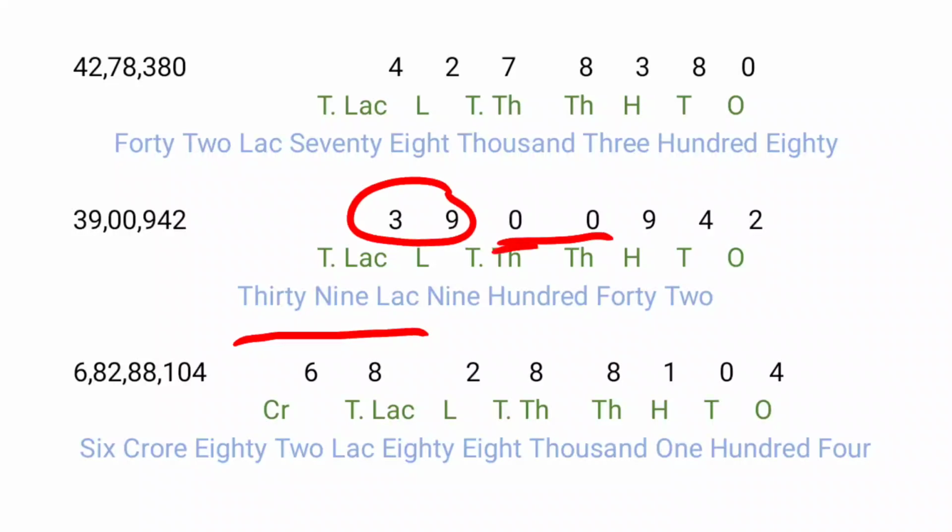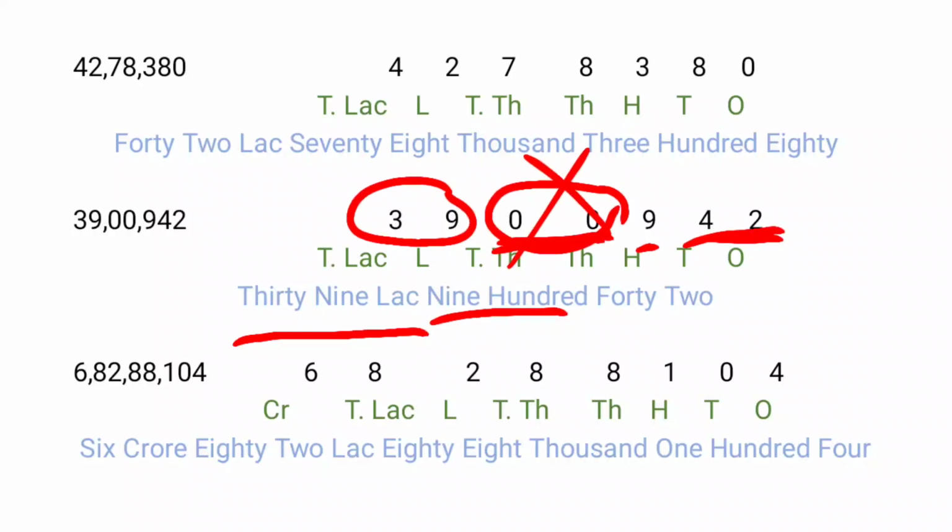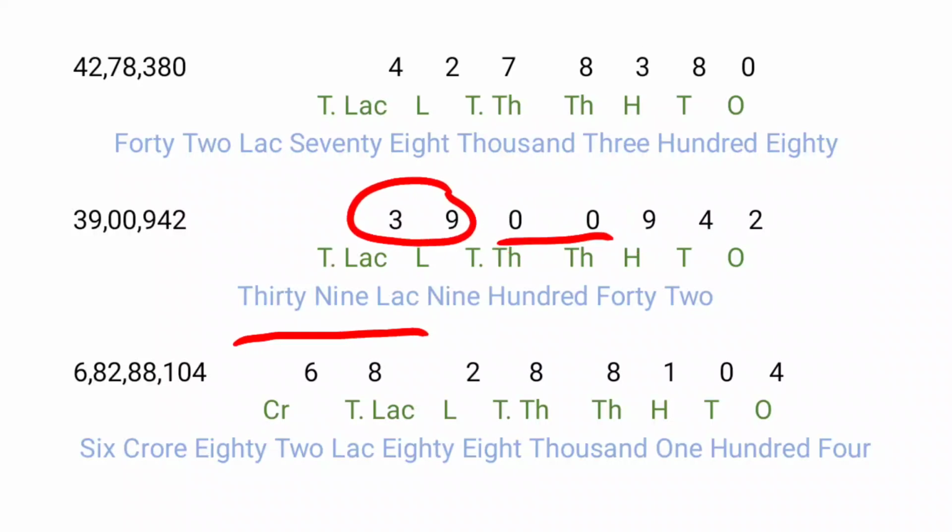Now see the digits on thousands place, both are 0, so the combined form of thousand will be neglected. Next, the number on hundreds place is 9, so we will write 900, and the last two digits will be combined, 42, so the number will be 39 lakh 942. Okay.